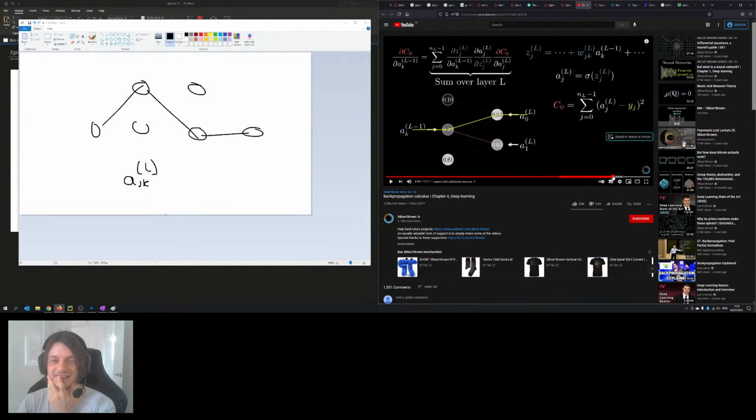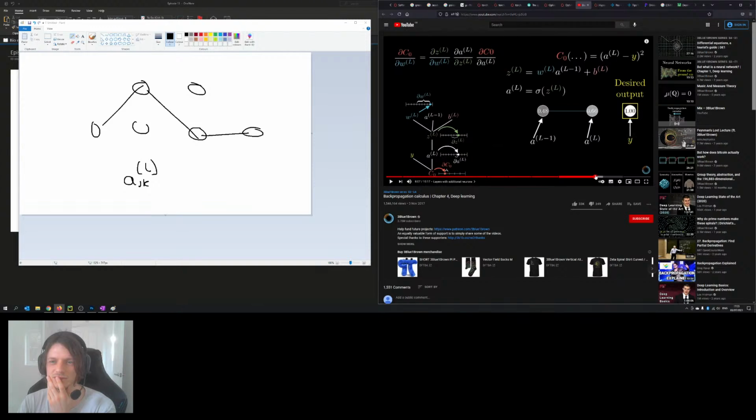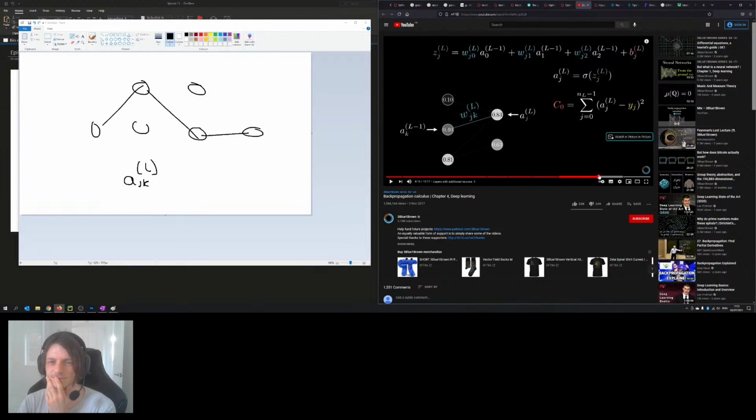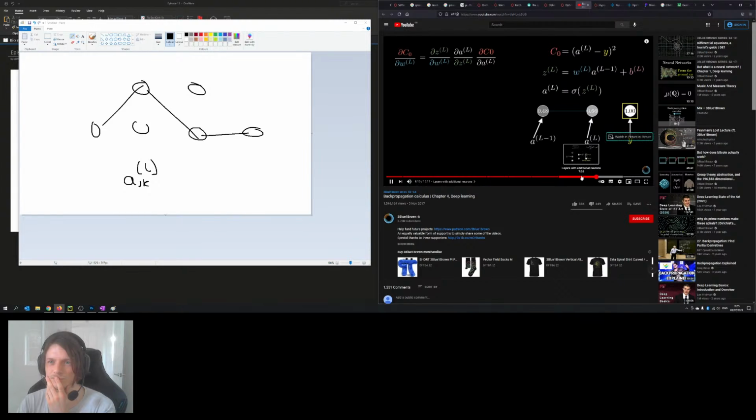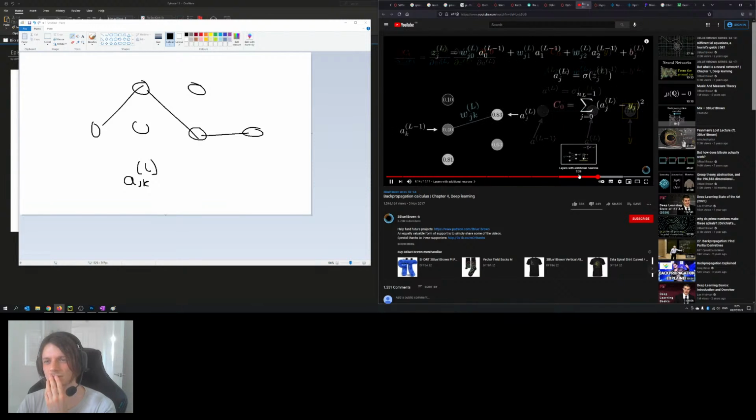This is one of those things, literally the next time I watch it, I'm going to be like, oh my god, this makes so much sense now. J and K. Okay, so J is... to Z. You can kind of see what I mean, right? All of these are essentially the same equations that we had before in the one neuron per layer case. It's just that it looks a little more complicated.